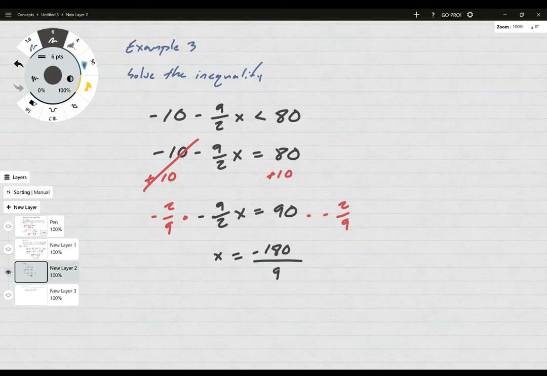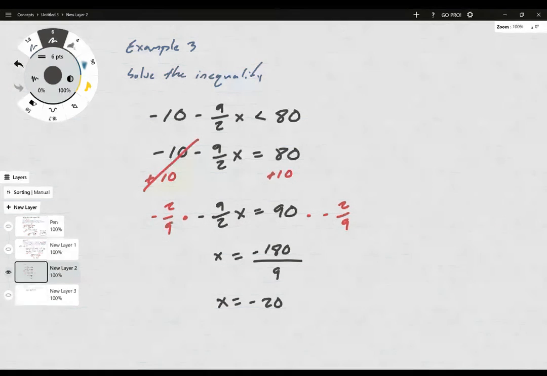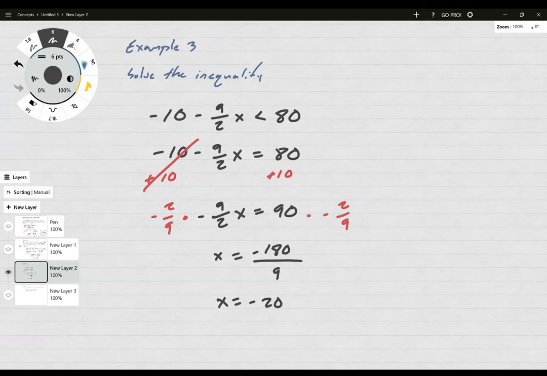So x equals negative 180 over 9. We know that 9 is a factor of negative 180, so just do the division. So x equals negative 20. And since our sign originally was less than, since we multiplied by a negative, it's going to be switched. So x is actually greater than negative 20.